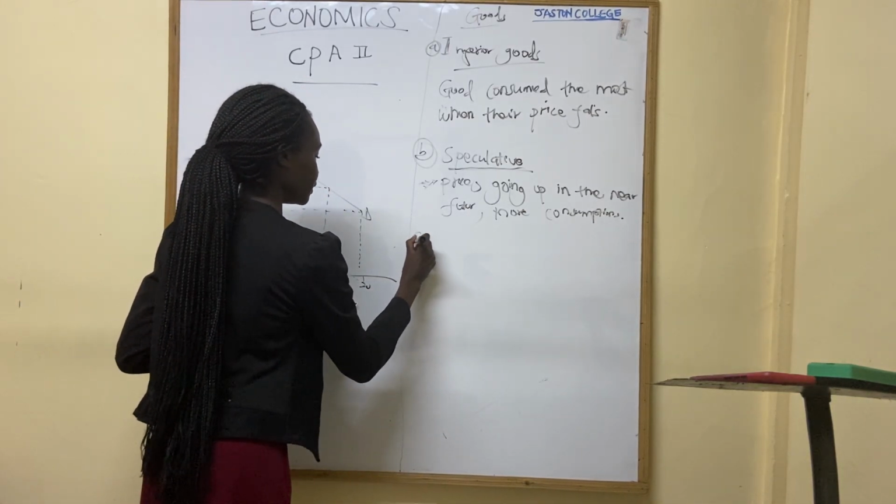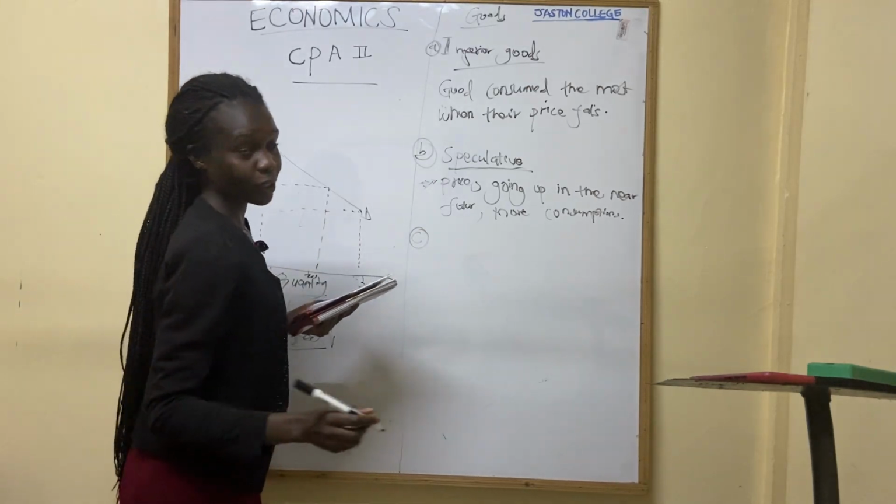So the third one is conspicuous consumption.